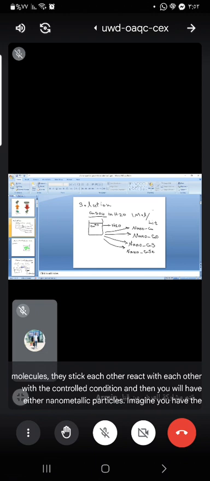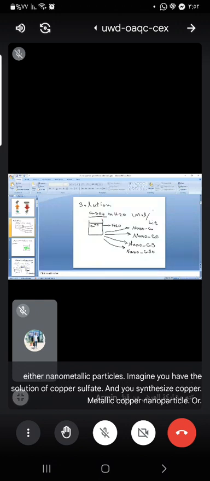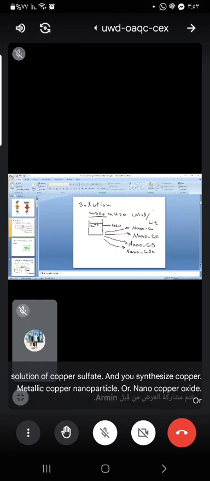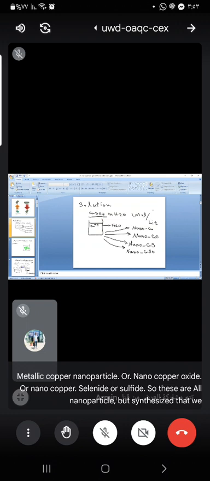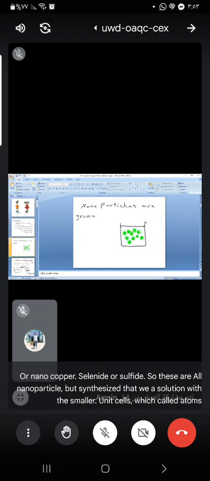Imagine you have a solution of copper sulfate, and you synthesize metallic copper nanoparticles, or nano copper oxide, or nano copper selenide or sulfide. So these are all nanoparticles, but synthesized from a solution with smaller unit cells which are called atoms or ions.